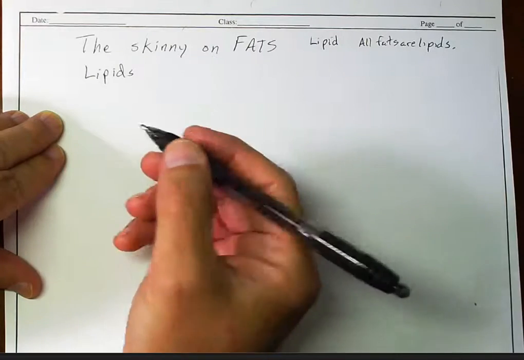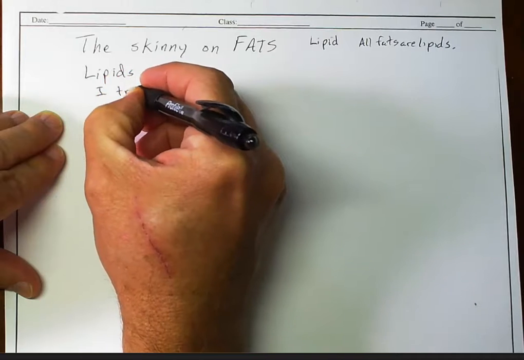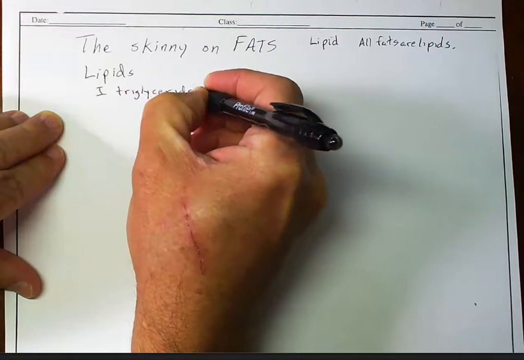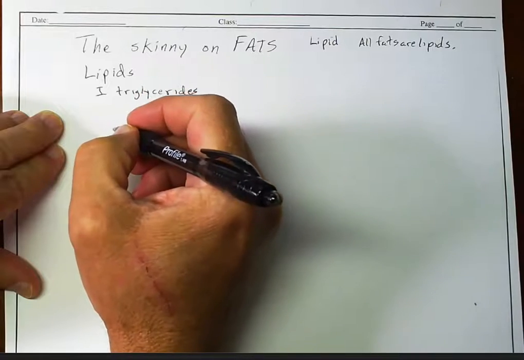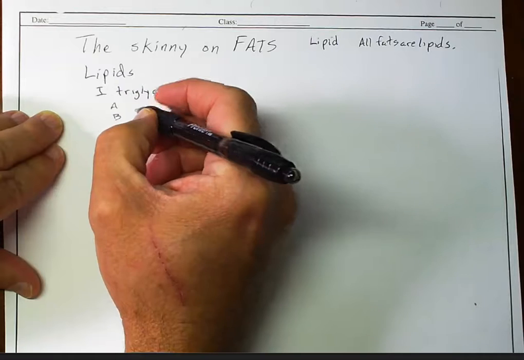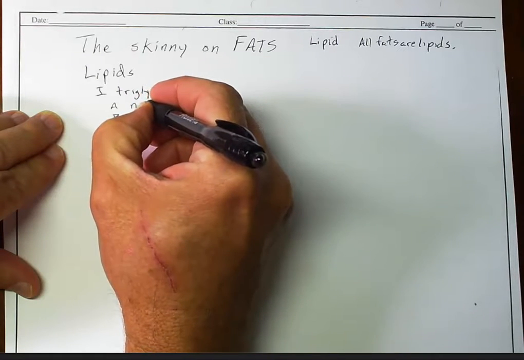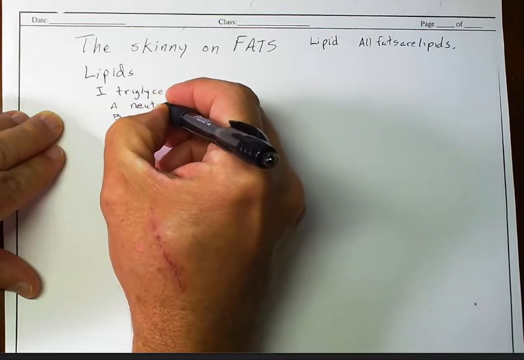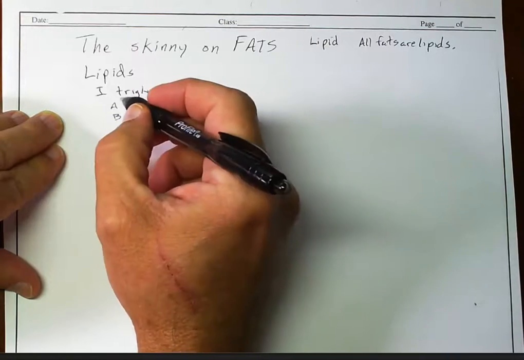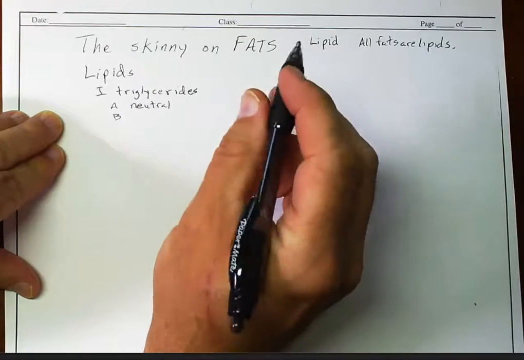There are four major groups of things that can be thought of as lipids. Number one is triglycerides. And triglycerides, a couple of major categories under that. There are neutral triglycerides. And really, I probably should leave the tri off of this. There are glycerides that aren't necessarily triglycerides.